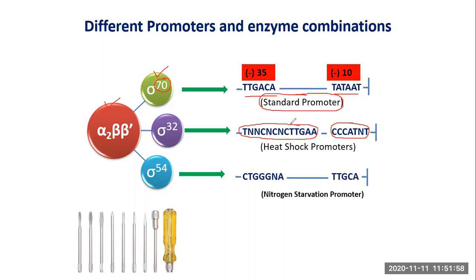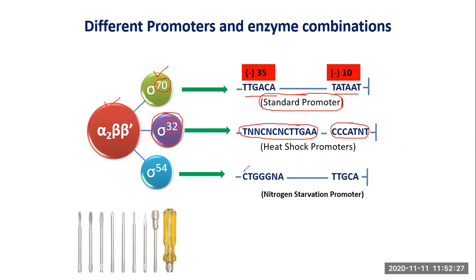So for its identification by RNA polymerase, the core enzyme remains the same, but the sigma factor changes; it becomes sigma 32. 32 indicates its molecular mass, so it is different from sigma 70. When the core enzyme and this particular sigma factor combine, they will be able to identify the promoters for heat shock genes.